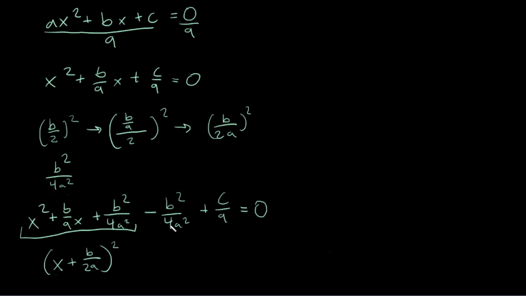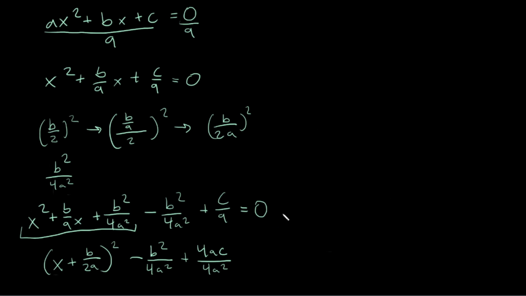Now on the other side here, we have minus b squared over 4a squared. Now I'll make the denominator the same, and in order to do so, I need to multiply c by 4a. So I'll have minus b squared over 4a squared, and over here I'll have plus 4ac over 4a squared.